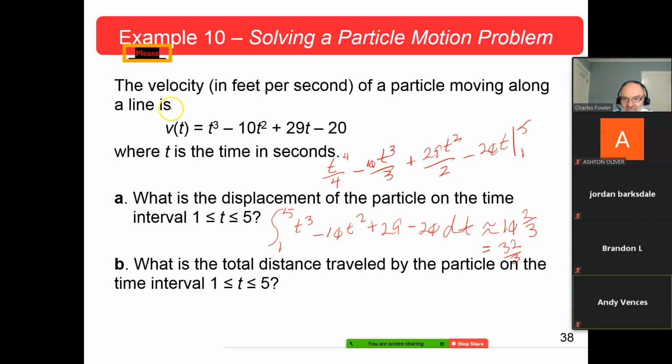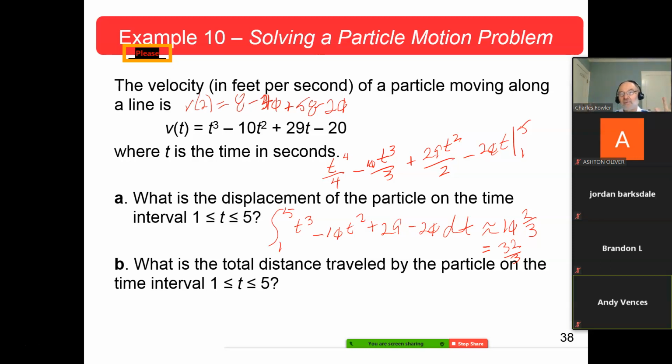Okay, v of 2 is equal to 8 minus 40. I can't even think. Plus 58 minus 20. Okay, 8 and 58 would be 66 minus 60. So it's positive. So it looks like it starts at 0 and goes positive for a little while.